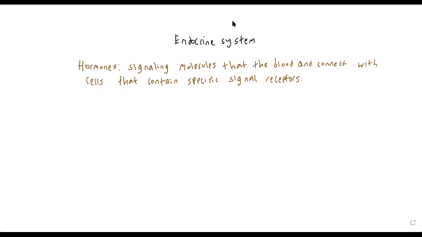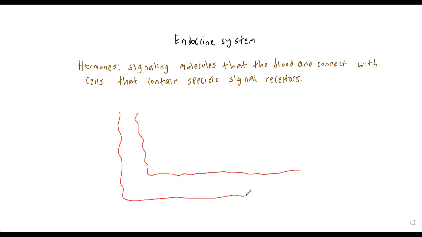So I'm going to show you an example here. I'm going to draw the bloodstream, because hormones are secreted into your blood. In this case, secreted refers to a cell putting the signal into the blood. You're going to have a cell that is a hormone secreting cell, which I'll draw here in green.